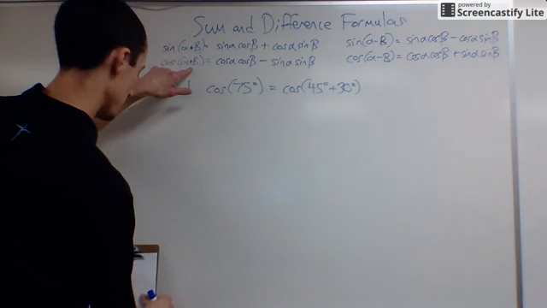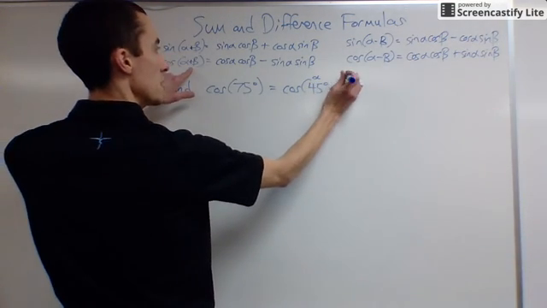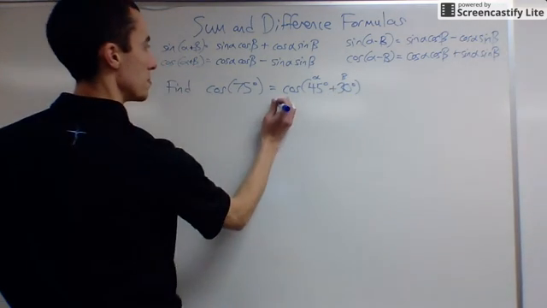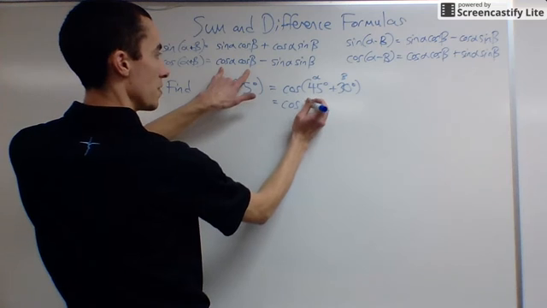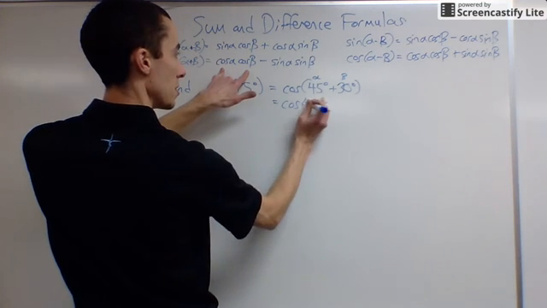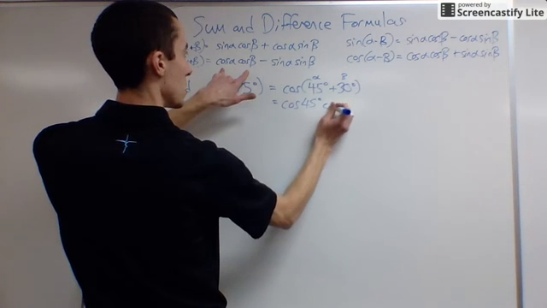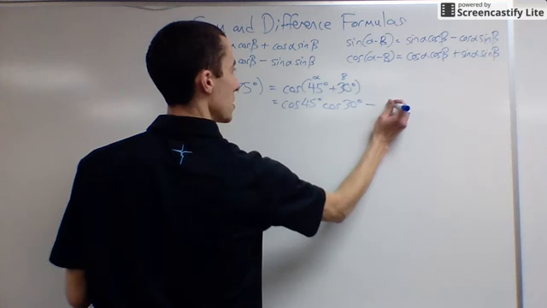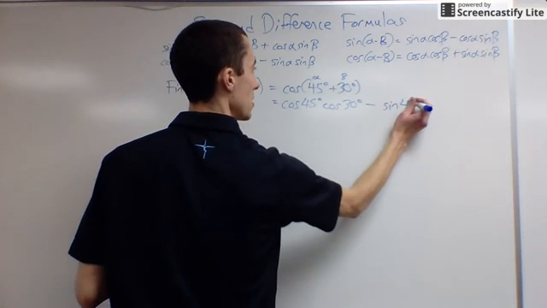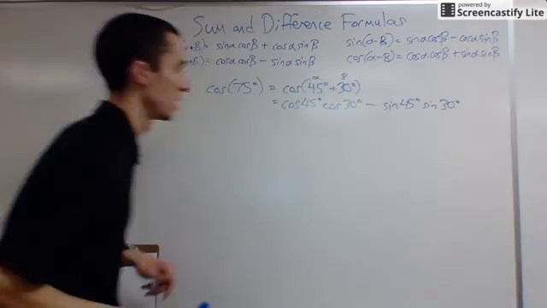And so let's apply it. 45 is our alpha, 30 is our beta. So we use the cosine of alpha times cosine beta minus the sine of alpha times the sine of beta.